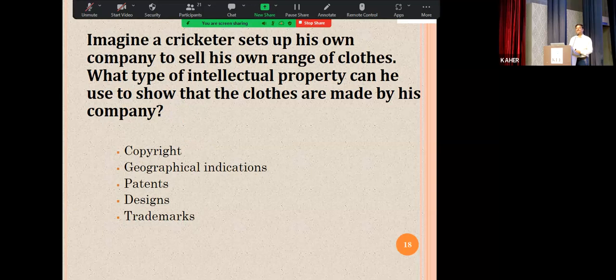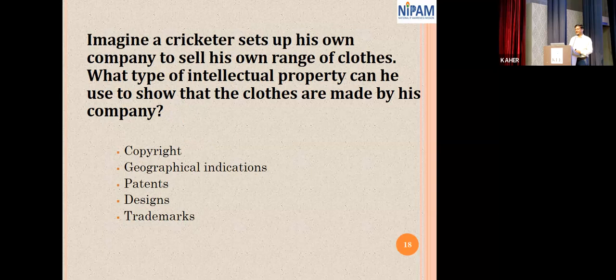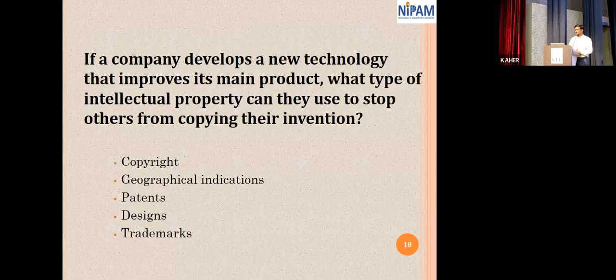A range of clothes which is made, you want to sell them in the market. Design, and mainly for selling the name, trademark. Trademark is protecting that company or the brand. Again, new technology, patent.